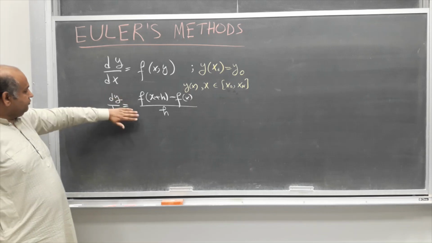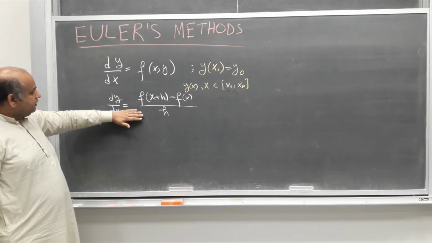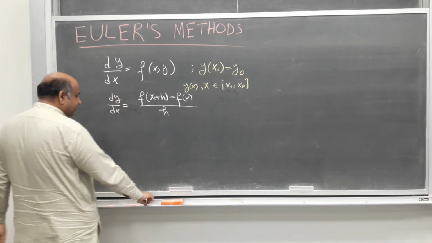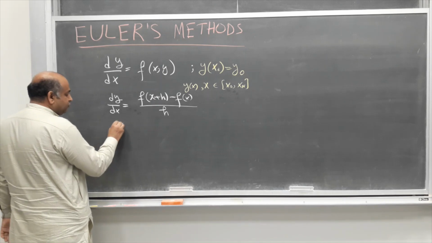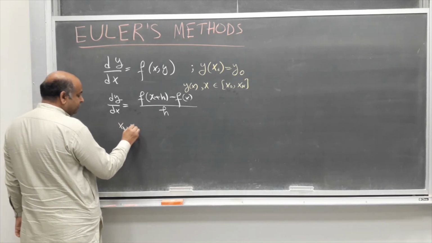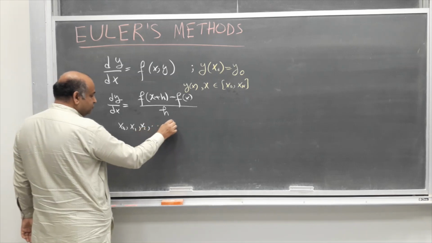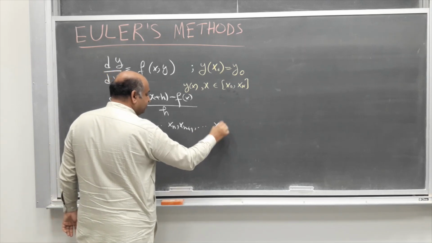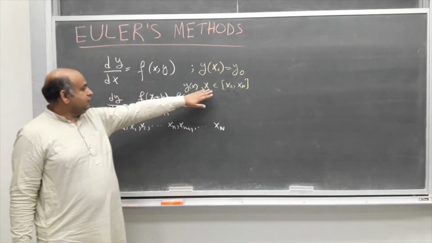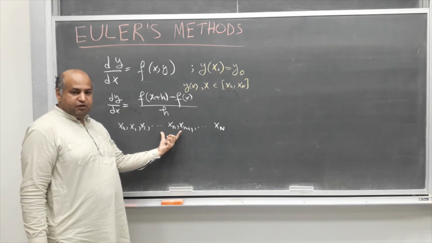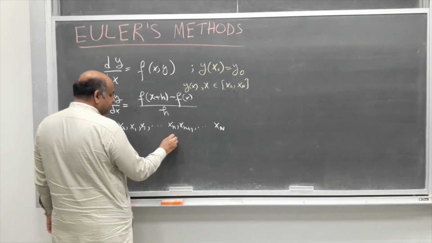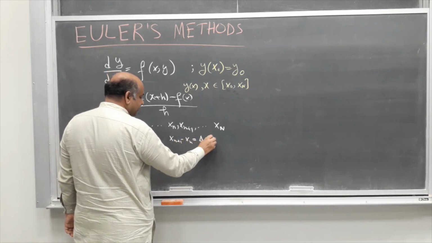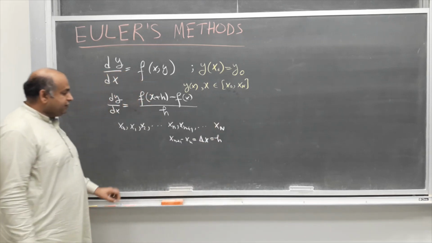To use this forward difference to approximate the derivative, let's divide our interval into a number of points: x naught, x1, x2, up to xn, xn plus 1, and up to capital XN. So I have divided this interval into a number of points, and the difference between any two consecutive values is, let's say, delta x, and many times I will simply write it as h.